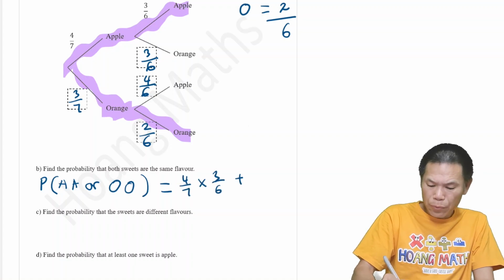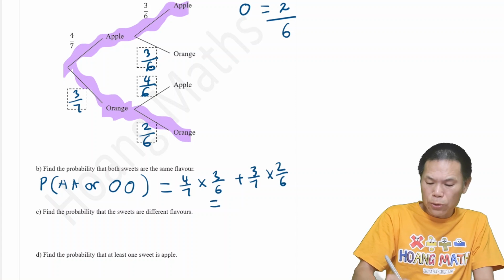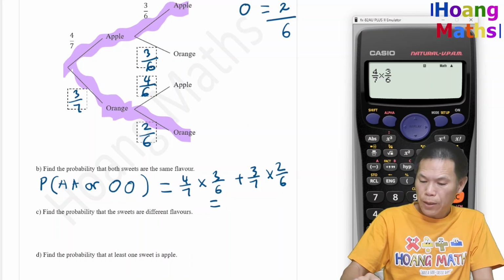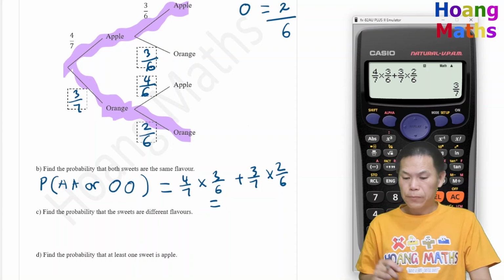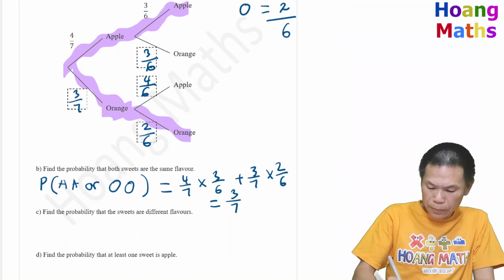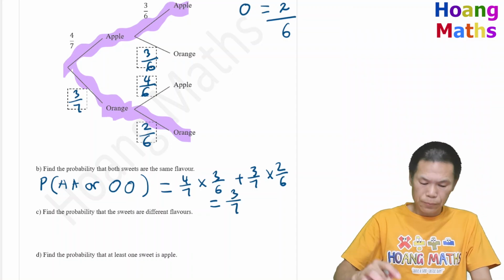Then we add 3/7. We times 2/6. That is equal to, I just go 4/7. We times 3/6. Then we add 3/7. We times 2/6. That gives 3/7. There you go.